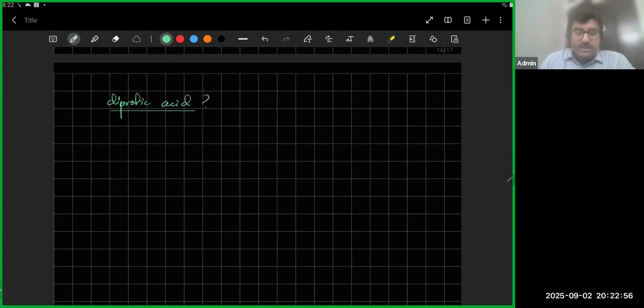So their dissociation is exactly the same. For example, you've got sulfuric acid. Now, what you need to understand is that sulfuric acid is not one acid. It's actually two totally different acids.